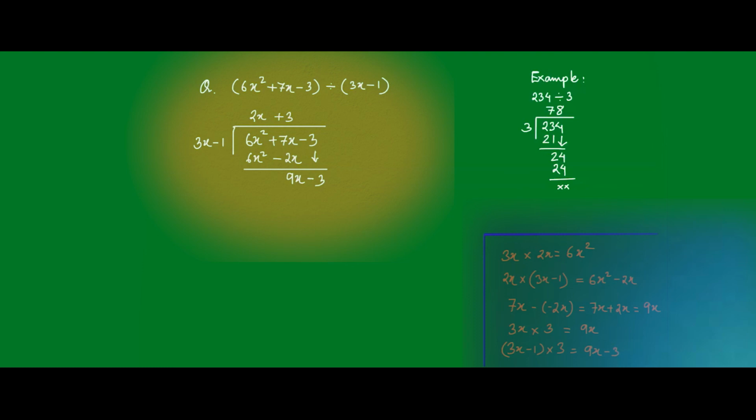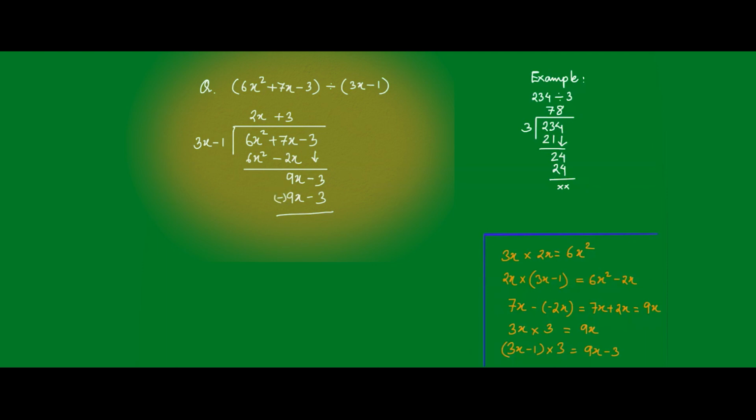So when you multiply 3x minus 1 by 3, we multiply both the terms, distributive property, we have 9x and minus 3. So we get 9x minus 3.